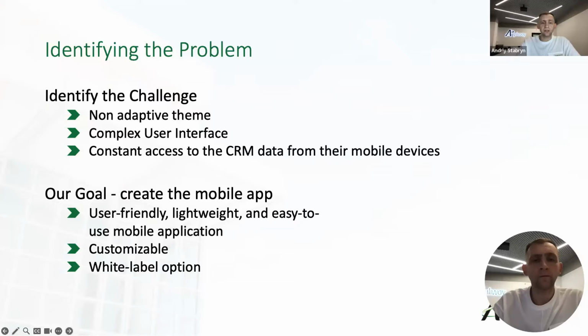Our new solution isn't just easy, it has to be customizable. This means that if you want a personalized white label application, we can build one for you. So we set a clear goal to create a mobile solution that could simplify the user experience and make CVCRM accessible anytime and anywhere.